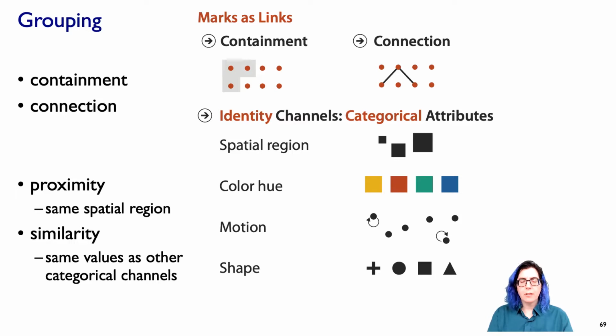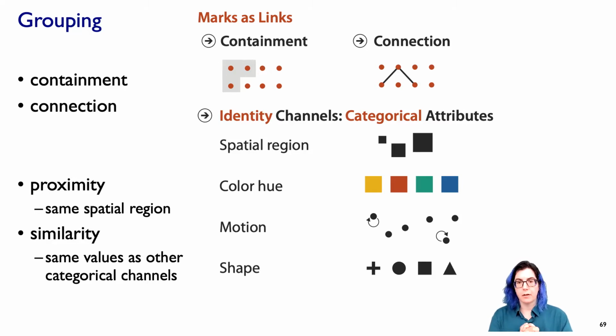And it's worth thinking about, how do you show that things are together as part of a group? The key thing is that with these identity channels, if we've got the same value, things appear to be a group. A crucial one is proximity. If things are in the same spatial region, that is the strongest cue that tells us to treat them as a group. It's a very, very strong cue.